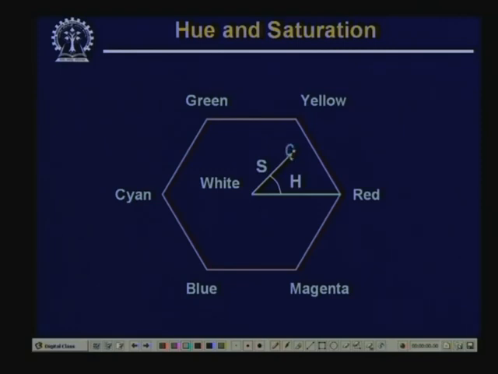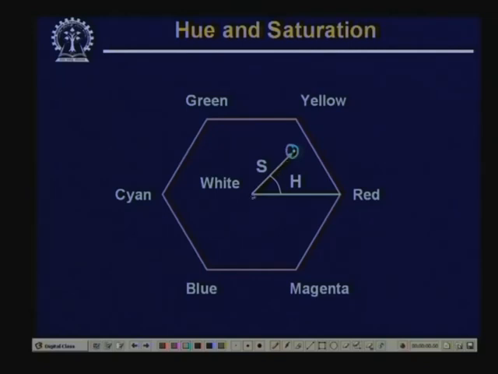Say this is a plane corresponding to a color point in the RGB color space, the plane defined by the corresponding color point, the black point and the white point on which this point will lie, that will be projected as a straight line on this particular plane.